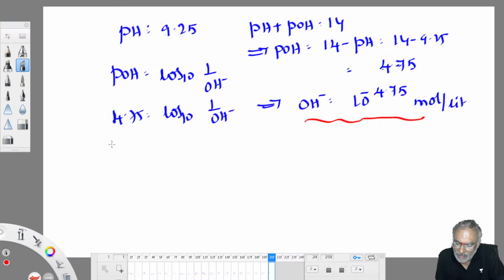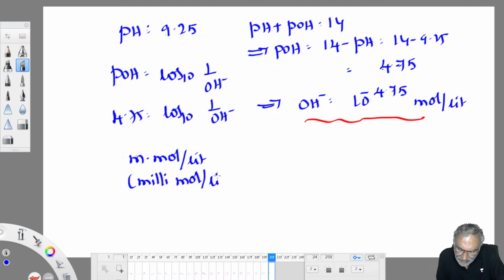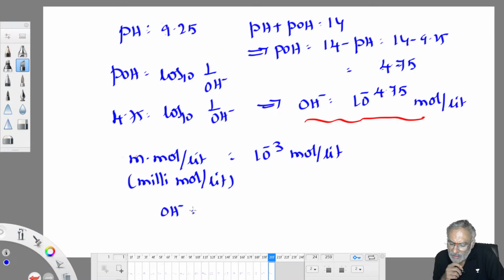If we work it out in millimoles per liter, how to convert moles into millimoles? Let us verify. Millimoles per liter means 10 power minus 3 moles per liter. Milli means 10 power minus 3. If you convert this OH minus in moles per liter into millimoles per liter, you multiply by 1000, that is 1 by 10 power minus 3.